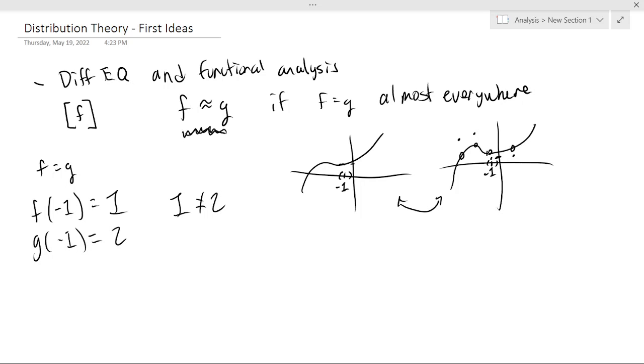Let's call this interval a ball around -1. Now if we say f of the ball around -1, and g of the ball around -1, these two are actually the same, given we do this little evaluation in a certain way.